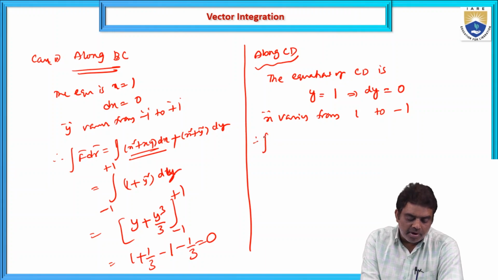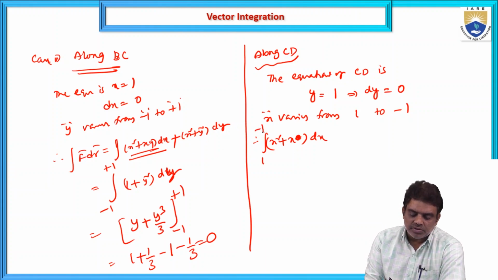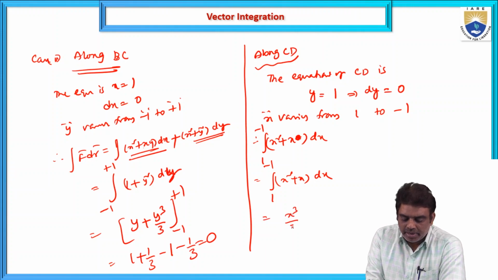Therefore, integral f bar dot dr bar is integral of x square plus x, with y is 1, dx. The second term is entire 0 since dy is 0, and x varies from 1 to -1. Only the x term will give the solution: integral from 1 to -1 of x square plus x dx, which is x cubed by 3 plus x square by 2 between 1 and -1.